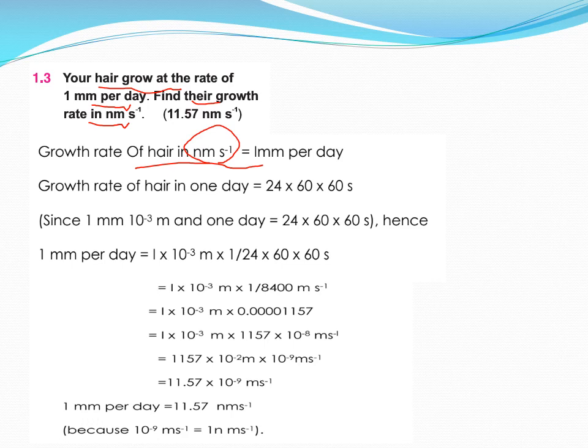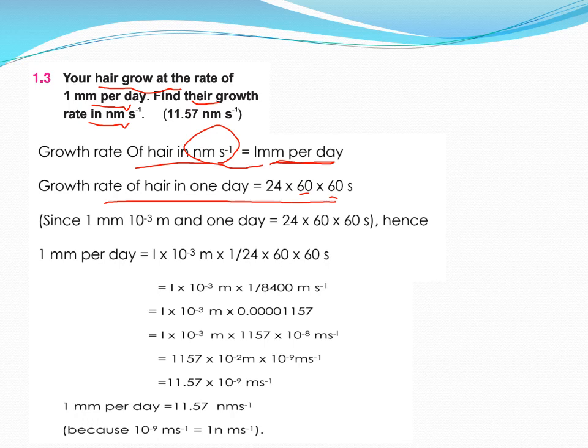It is given that the growth rate is 1 millimeter per day. Then we have to convert a day into seconds. How to get it? 1 day equals 24 multiplied by 60 and then 60, so that the 1 day is converted to seconds.